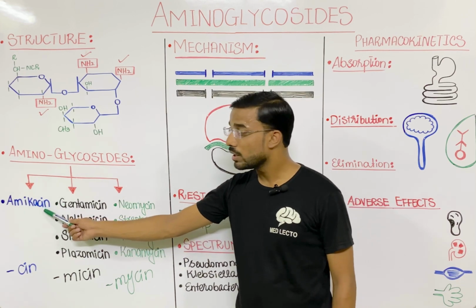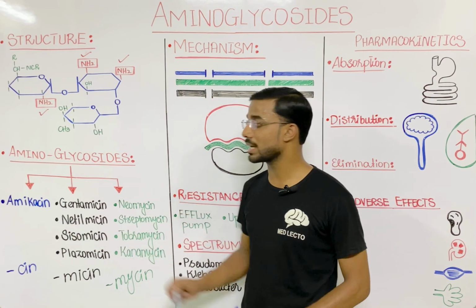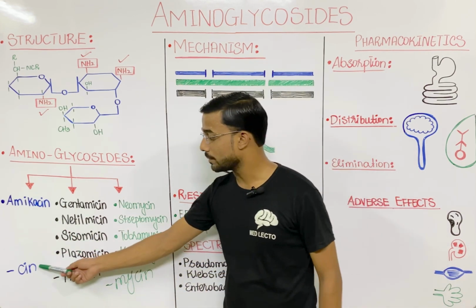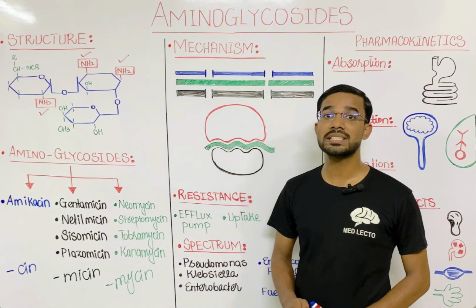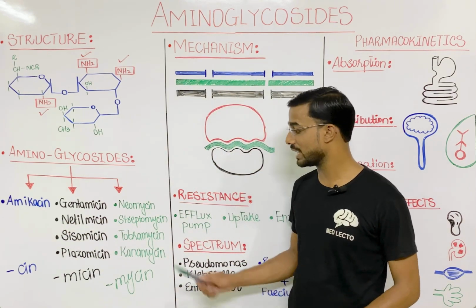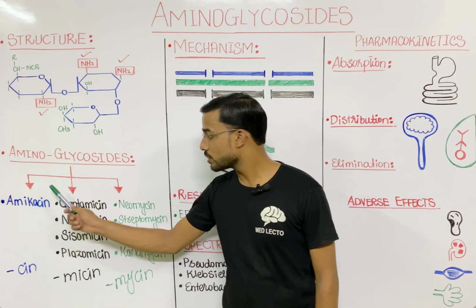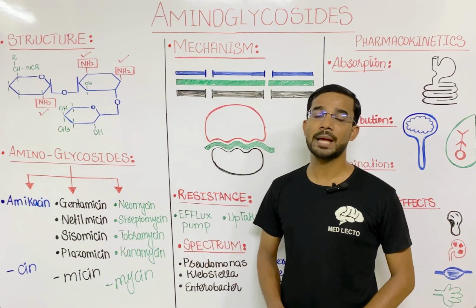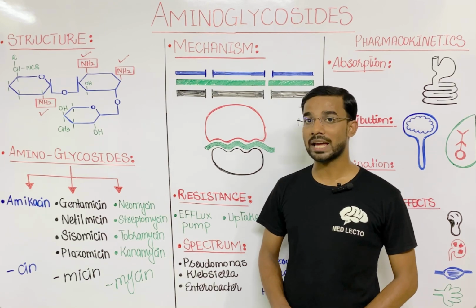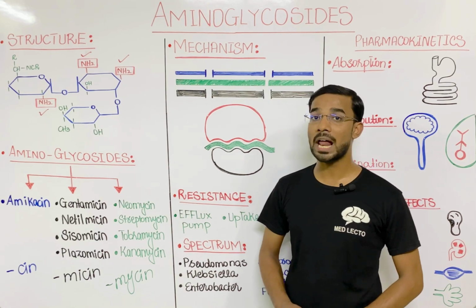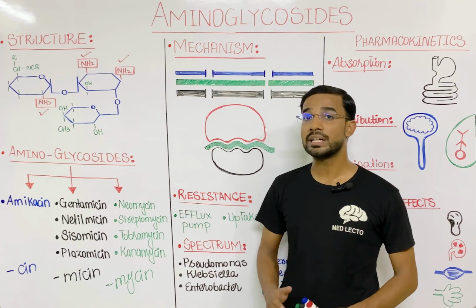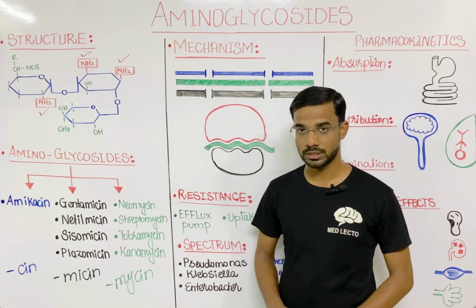In the first group, you will see amikacin, only the cin. Amikacin is a semi-synthetic form of kanamycin, so we have categorized it separately. So here are the different types of aminoglycosides, and I hope it helps you in understanding them.